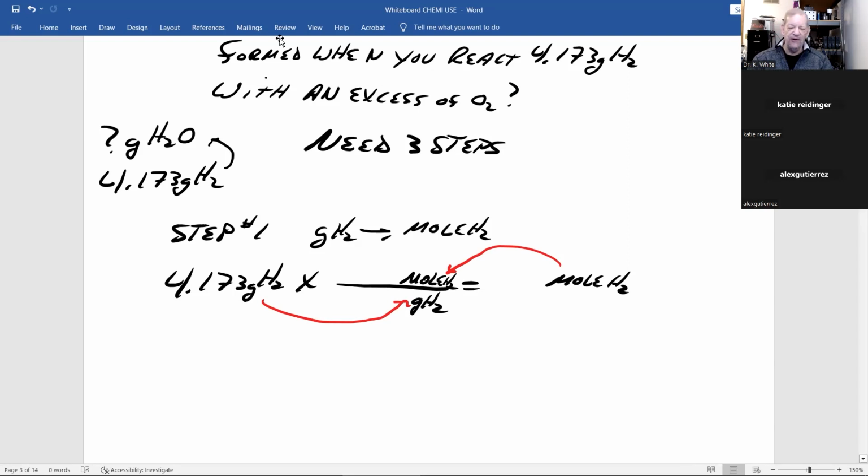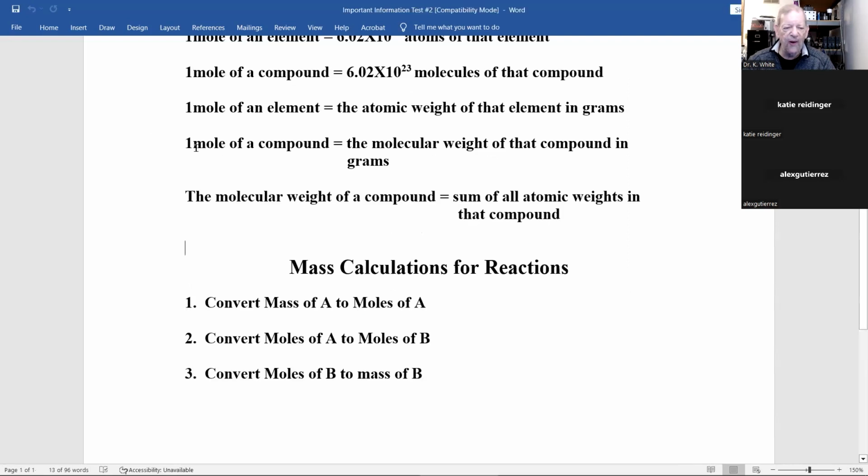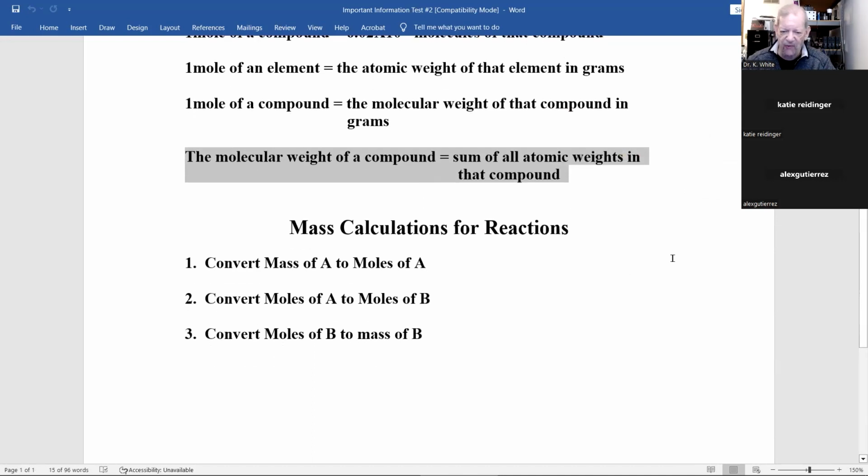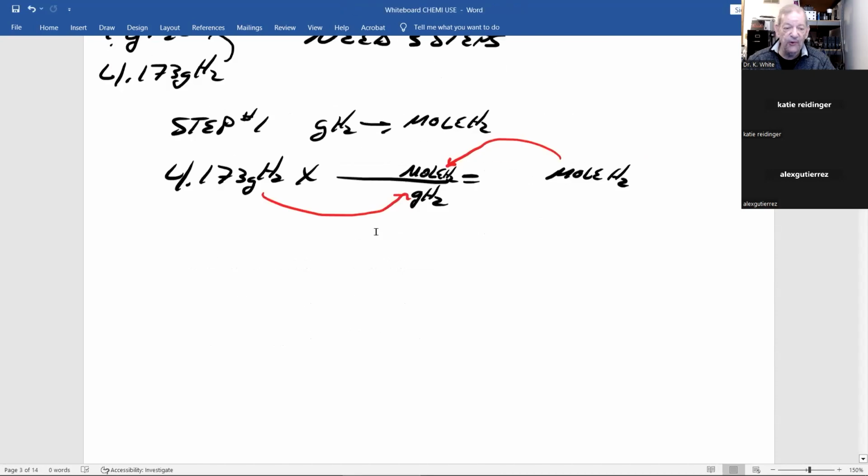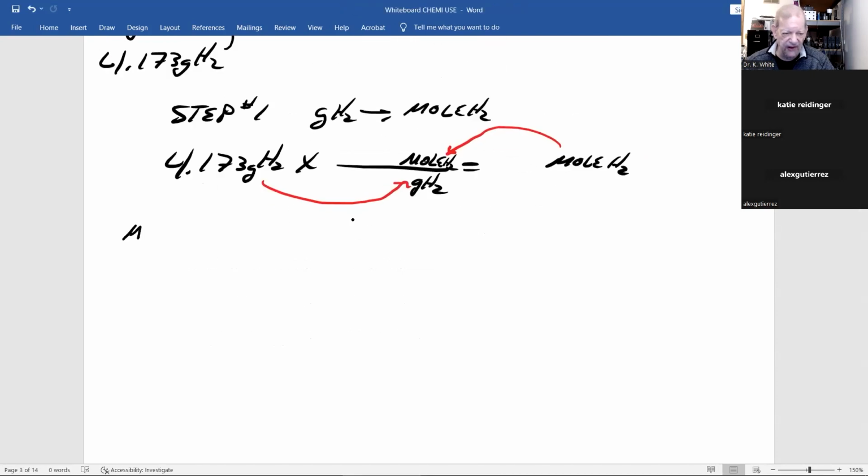And if you look at important information, test number 2, 1 mole of a compound equals its molecular weight in grams, and the molecular weight of that compound is the sum of all atomic weights. So we need the molecular weight of hydrogen. MW is shorthand for molecular weight. And we have 2 hydrogens because it's H2.